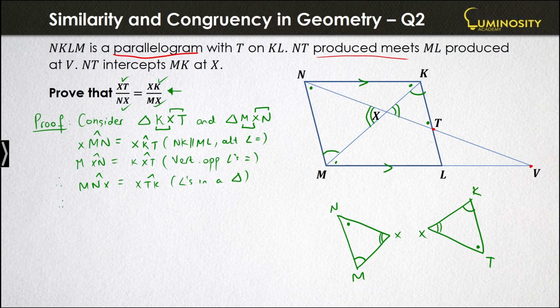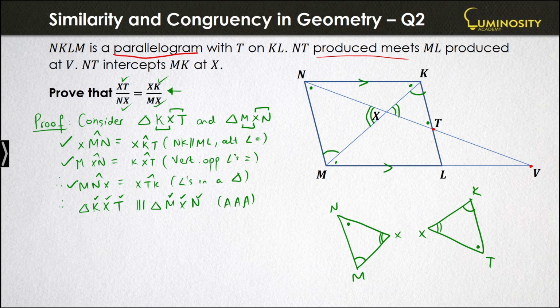Okay, so therefore I've shown that triangle KXT in that order is similar to triangle MXN by angle, angle, angle, because I've shown that angle K is equal to angle M. That was this first one. I've shown that this angle X is equal to itself here by vertically opposite angles, and this angle T equals this angle N was the third property I've shown.